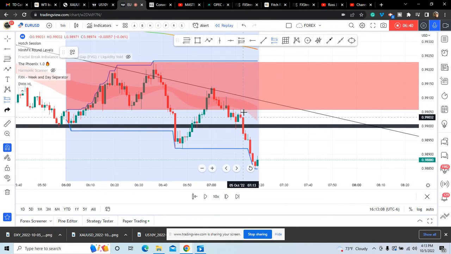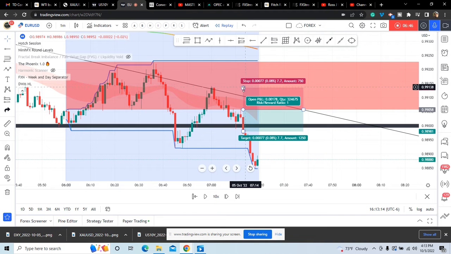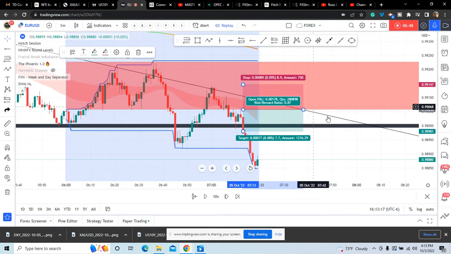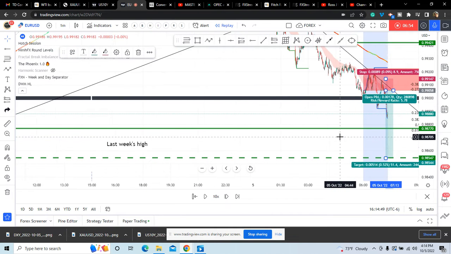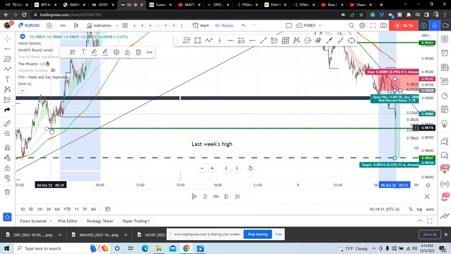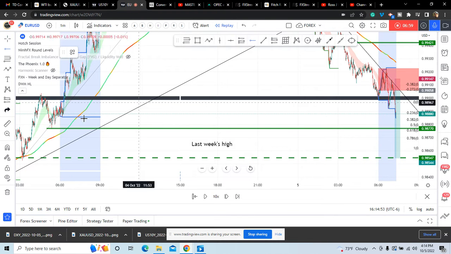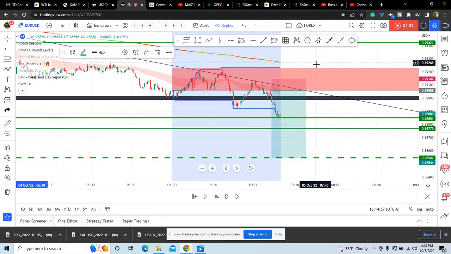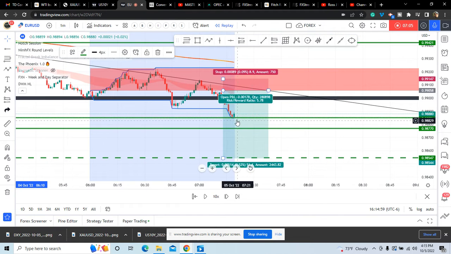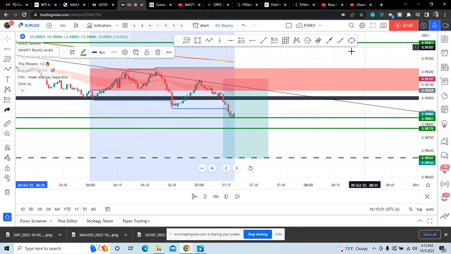So had you done that anywhere around here, the target is down at last week's low. You've got that low over here. We've got the equities US session lows. That would be my break-even point.